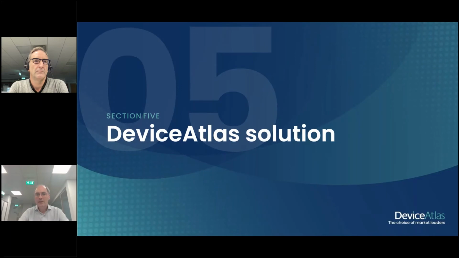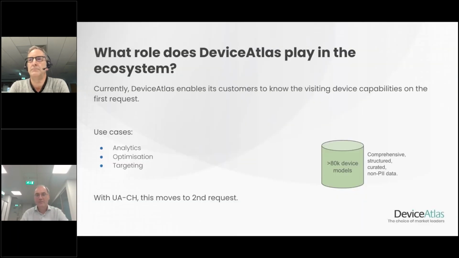So I'll talk a little bit about the DeviceAtlas solution and how we're managing this complexity for our customers. So firstly, what role does DeviceAtlas play in the ecosystem? At present, DeviceAtlas enables its customers to have a deep knowledge of the visiting device on the first request. And this is really a key point because it enables speed of response.